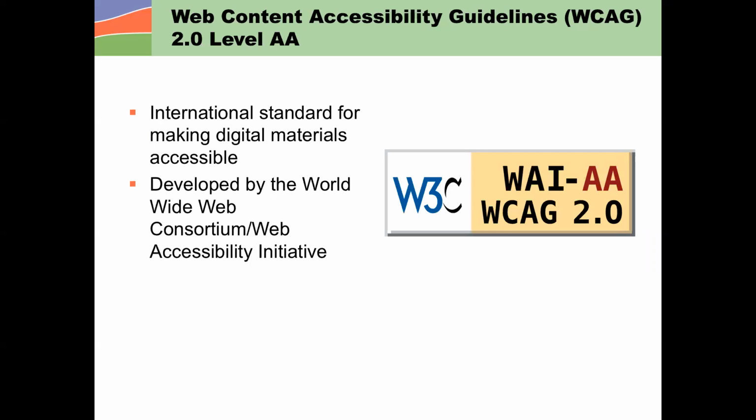So that means that we have some consistency for publishers and ed tech developers around what is required of them in order to make their products accessible. There are three levels. One is A, the second is AA, and the third is AAA. What's commonly recommended, and what Section 508 holds publishers and vendors to, is AA.